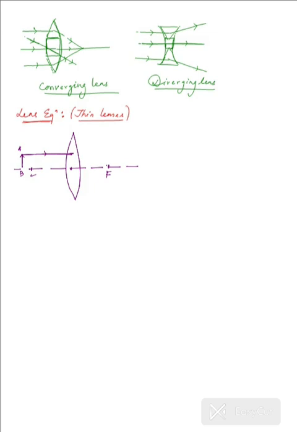So from the tip of the object, that is AB, there will be multiple light rays, but we'll be considering two of them. The first one being parallel to the principal axis, which after refraction must pass through the focus, as we have learnt in case of a convex lens. So this passes through the focus. And what about the next one? Well, this is the optical center, through which we pass the other light ray, and as we have already discussed, the optical center forms part of the glass slab.